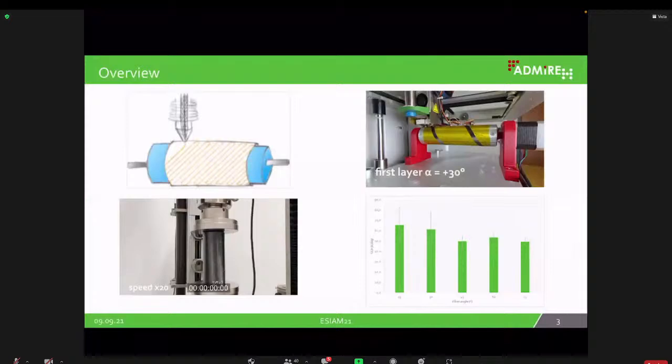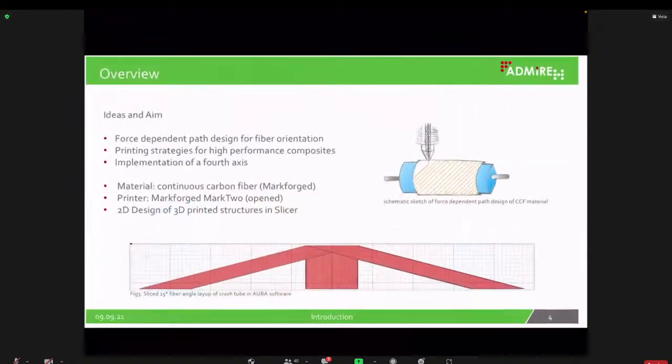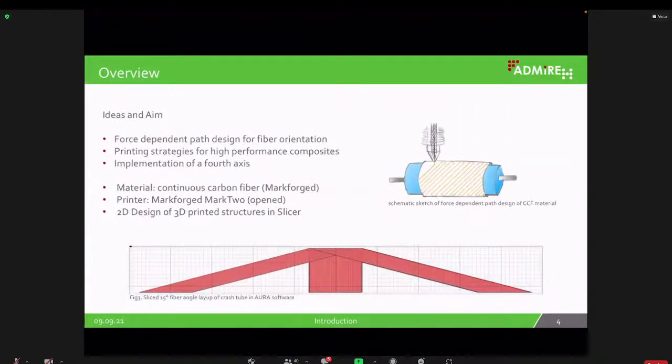To give a short overview, we started with our ideas and an aim of a force-dependent path design for fiber orientation. So we needed new printing strategies for high-performance composites, and therefore an implementation of a fourth axis.